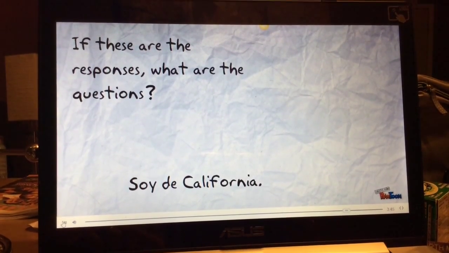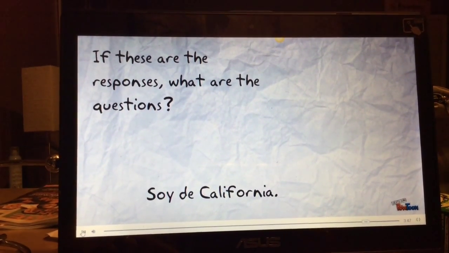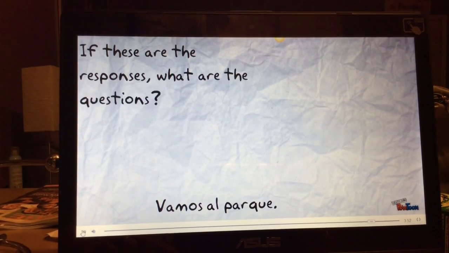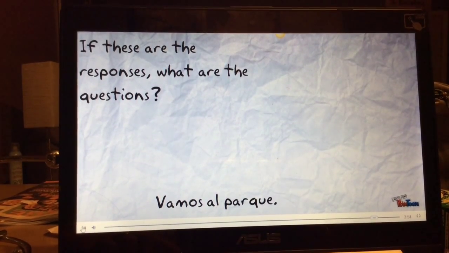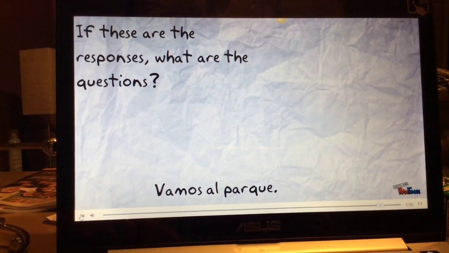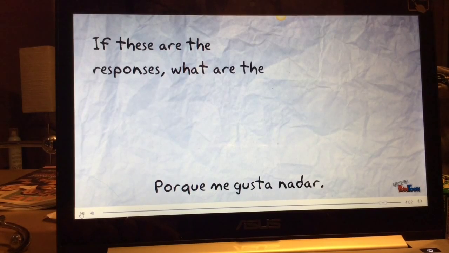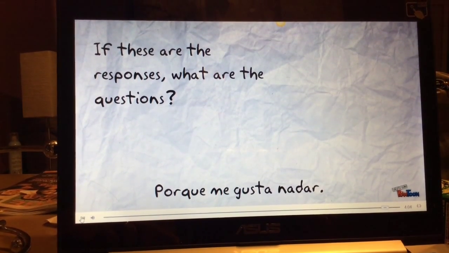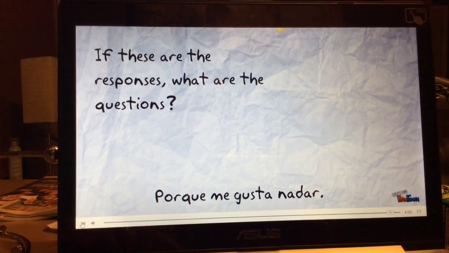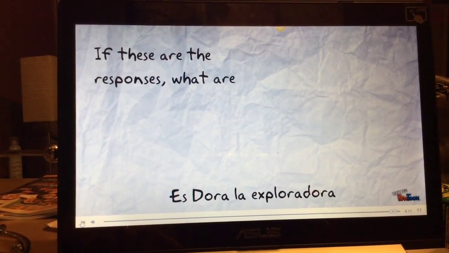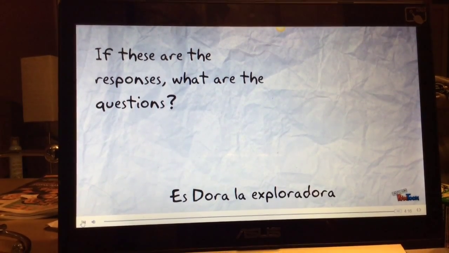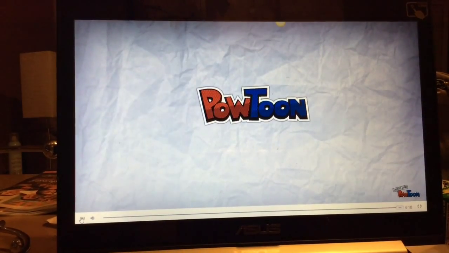Soy de California. 4. ¿Vamos al parque? 5. Porque me gusta nadar. 6. Es Dora la exploradora.